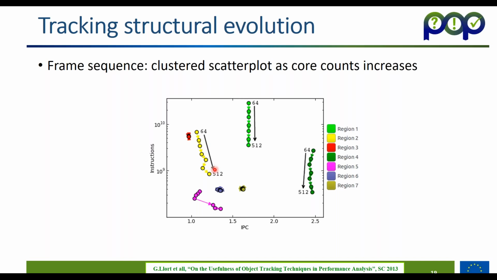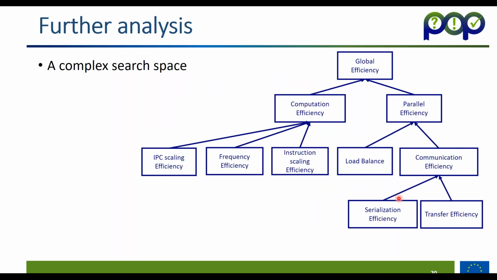We have some interesting cases here, where increasing core counts at the level of the parallel run does not reduce the amount of instructions executed by the program in some of the regions, and this is a potential scaling problem. This is replicated code, and so we detect an issue that can become a real problem. So these are the two basic techniques that we have, and we will now be showing some examples.